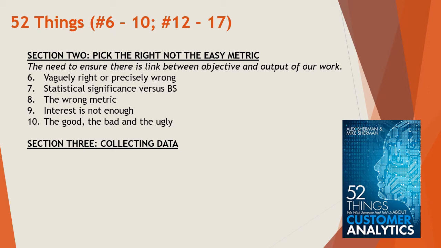The good, the bad, and the ugly. It is best practice to have a control. One all too common example of bad practice is to forgo having one. Remember, the control group is the group that doesn't get the treatment that you're doing for other folks. When conducting testing, you need the ability to measure the impact. In most cases, this requires a control group. They go through the importance of having that control group, the problems it can create if you don't have it, and the insight it brings.